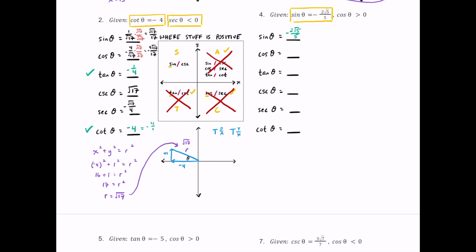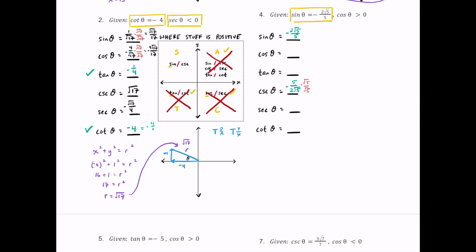Okay, and if we take that, let's see if we can flip it upside down. We will flip it and make it negative 5 over 2 root 5. And to rationalize this, we multiply by root 5 over root 5.